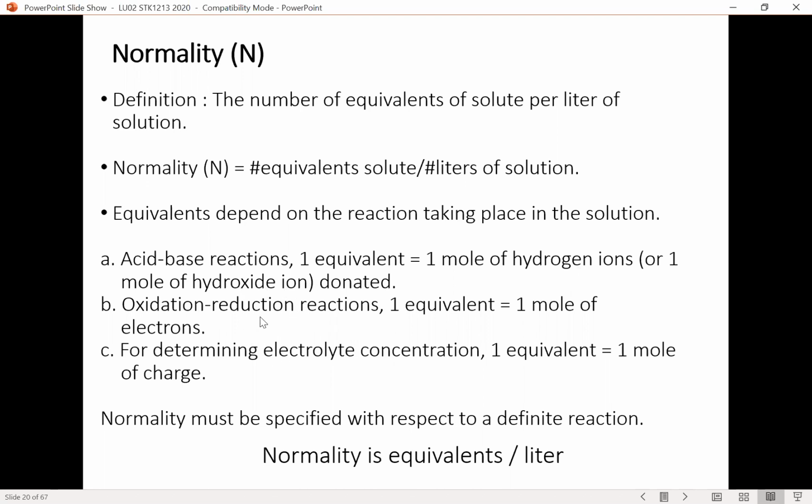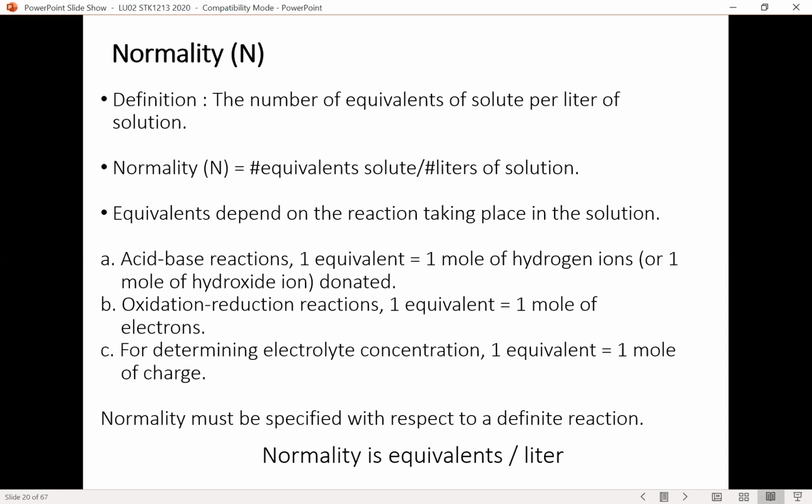However, when we talk about oxidation-reduction reactions, it's no more hydrogen and hydroxide ions. One equivalent is 1 mole of electrons, because oxidation-reduction reaction is about the transfer, the movement of electrons. And for determining electrolyte concentration, one equivalent equals 1 mole of charge.